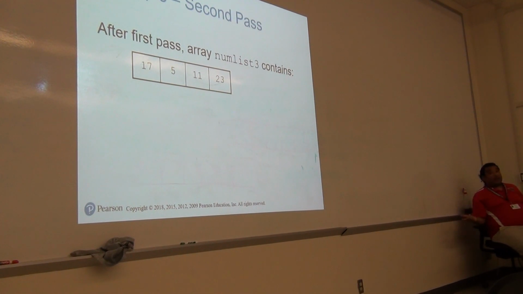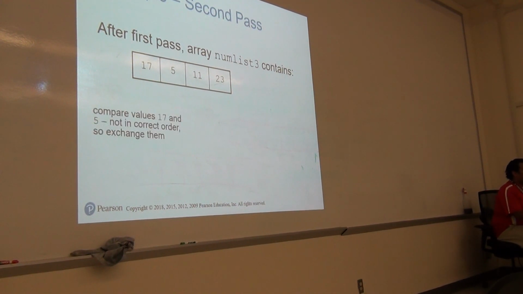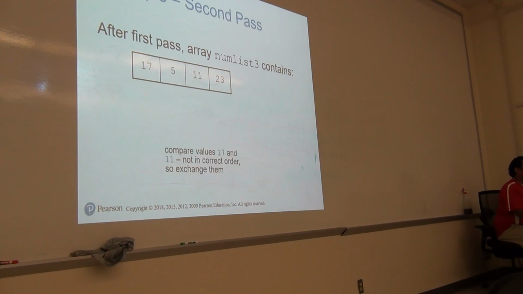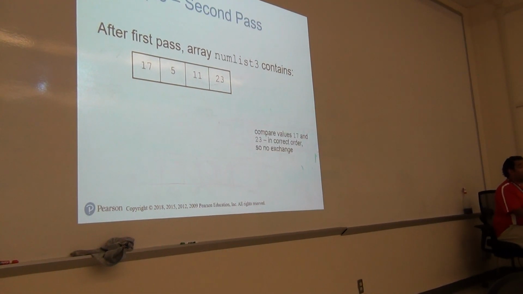But again, it's still not completely in order. That was only one pass. And so we have to do another pass. And we go through assessing all of our values, determining whether or not they're in order. And if they are not in order, then we're going to have to swap them around. And we already said that we can use a swap function to help us do that.